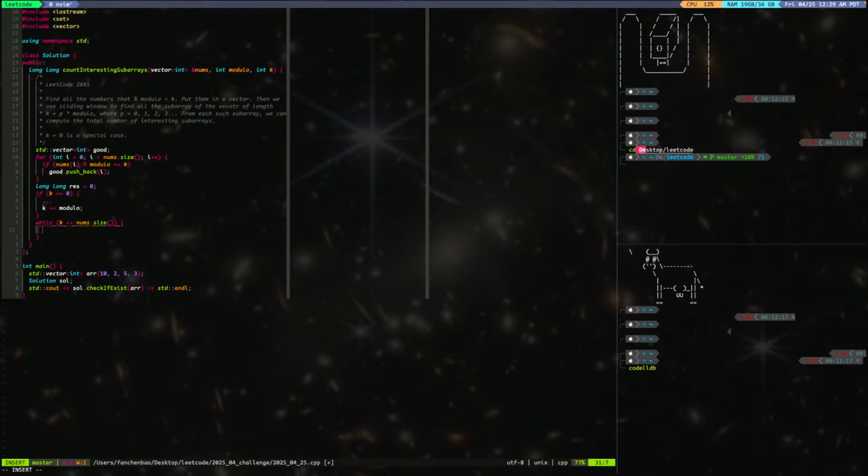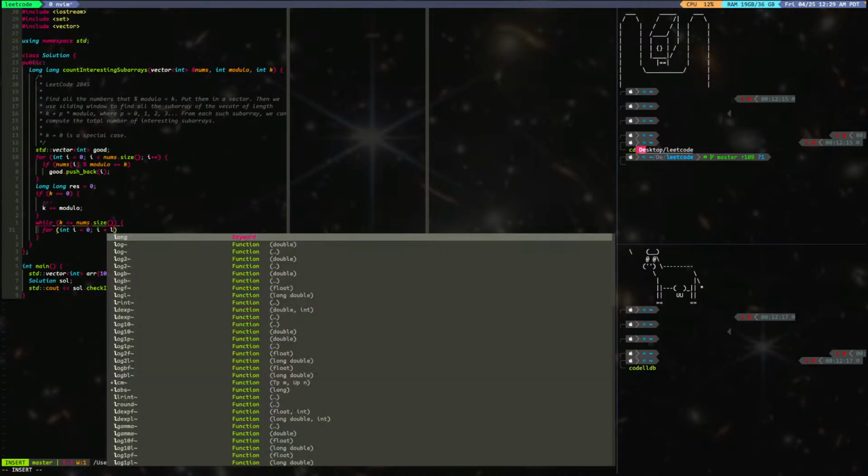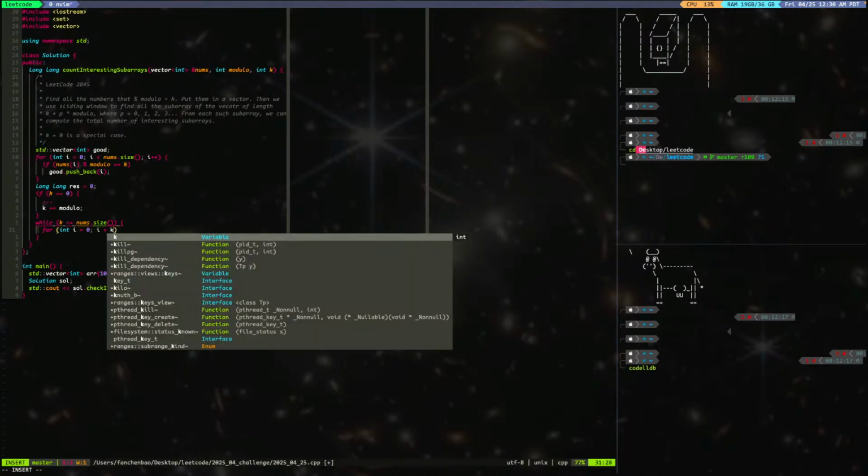Then we have low and high. Or actually we don't need low and high, we just move forward. So basically what we have is for i plus k. If k is 1, then the length is 1, which is just by itself.